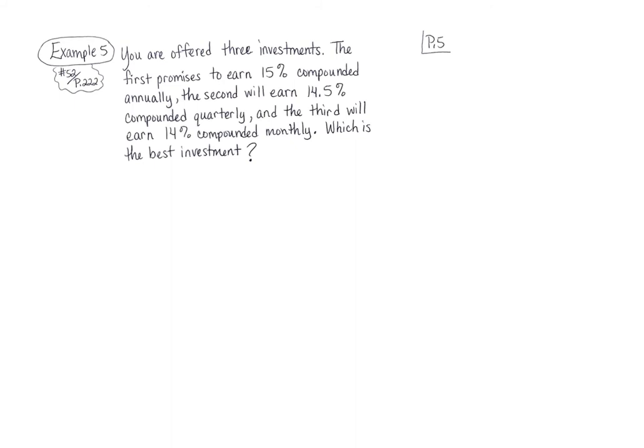Okay, so we need to remember here that R sub EFF is equal to the quantity 1 plus your nominal interest rate over M, raised to the M, minus 1.